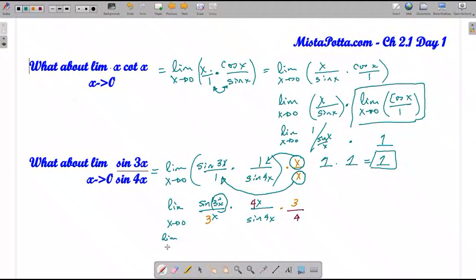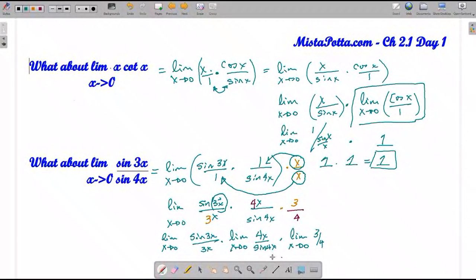So this is going to be the limit as x approaches 0 of sine 3x over 3x, times the limit as x approaches 0 of 4x over sine 4x, times the limit as x approaches 0 of 3/4.